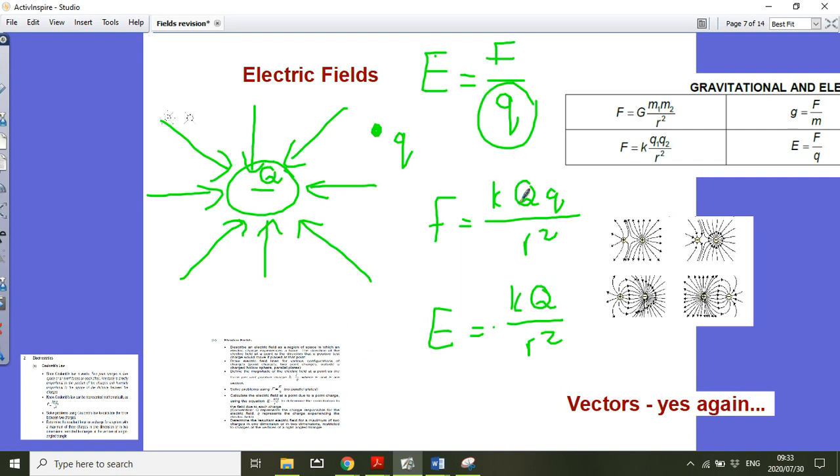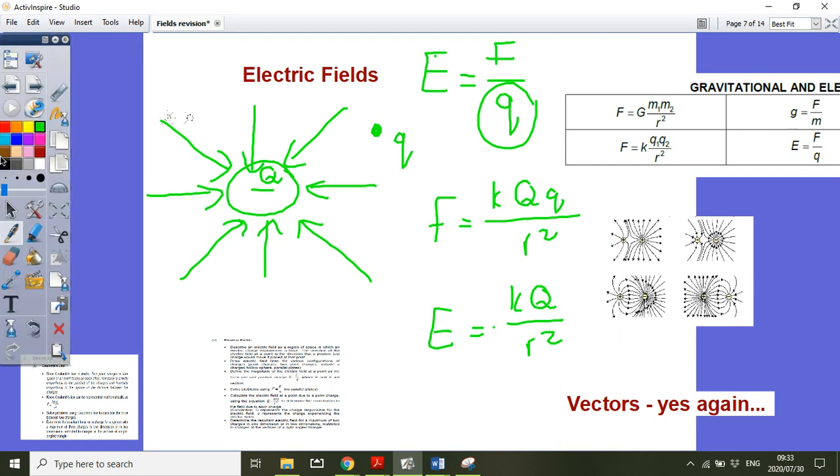So if I want to know what the field is at that point, that would be the distance that I'm using, because the field strength at that point is due to this charge. Then you're using your big Q. If you're using the other equation, I need to use the charge that is experiencing the field. So please make sure again that you're using the correct E.